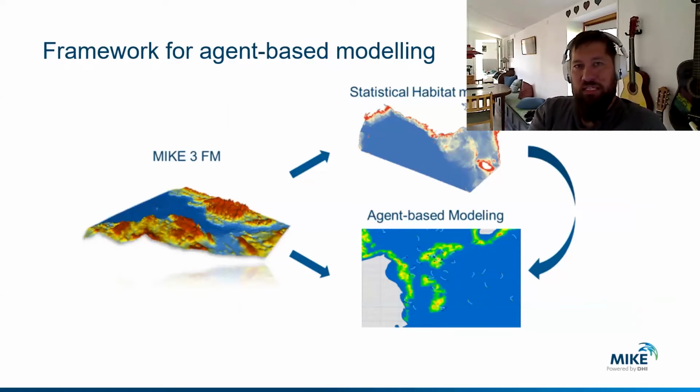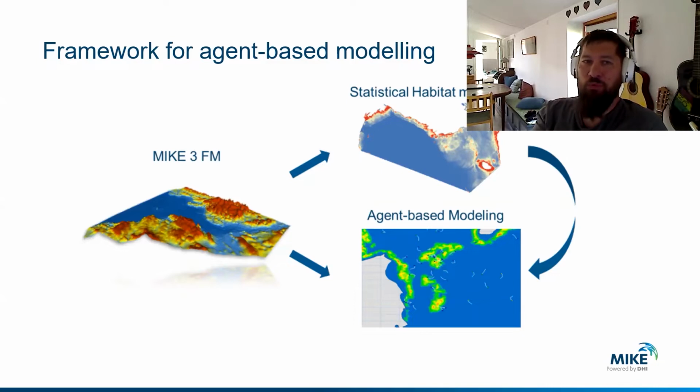Here at DHI, we use a little bit of a special framework for agent-based modeling, and we set up our MIKE software to combine this very seamlessly, which is very nice. At DHI, we couple output from our MIKE 3 FM hydrodynamic model to statistical and dynamic habitat mapping.